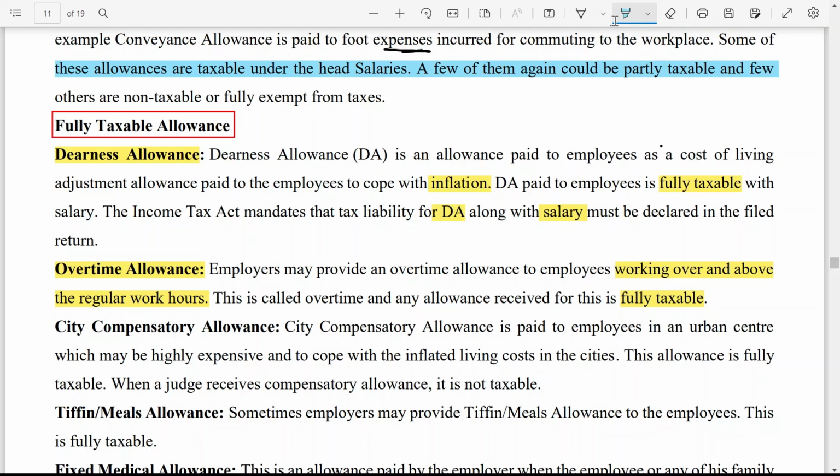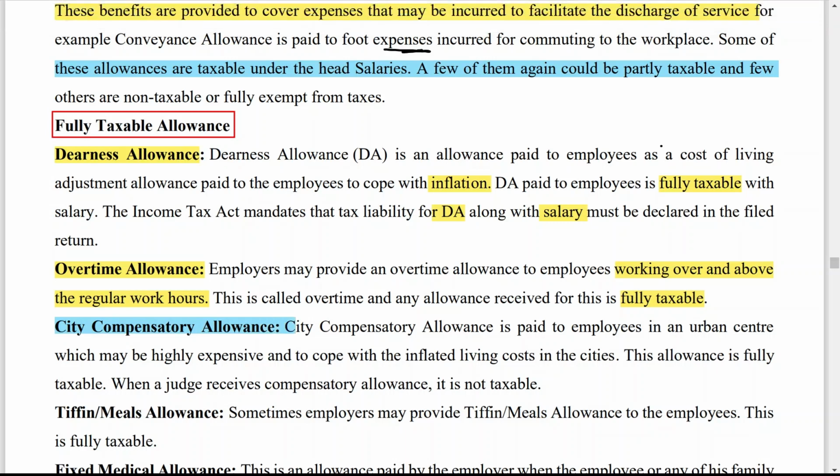City compensatory allowance. City compensatory allowance means what? To compensate living standard. It is paid to an employee in an urban center which may be highly expensive, to cope up with the inflated living cost in the cities. In certain cities the cost of living is very high.